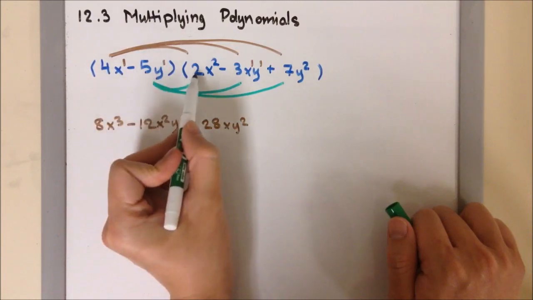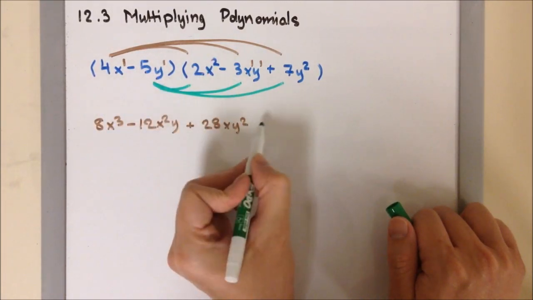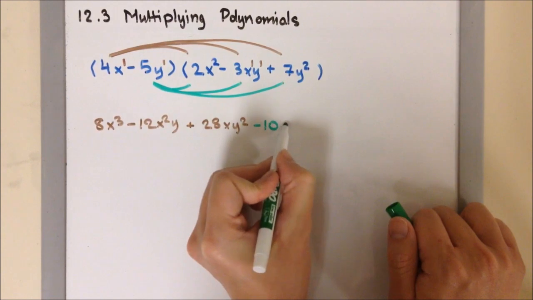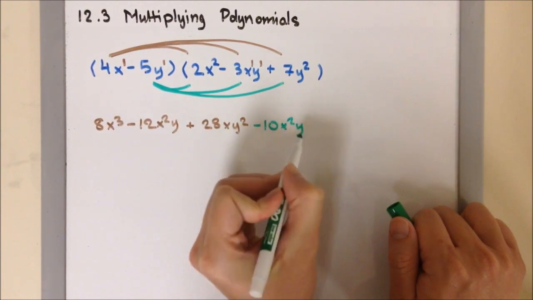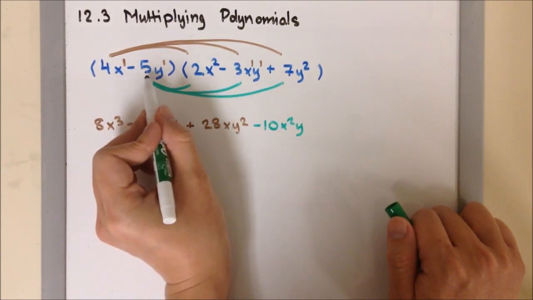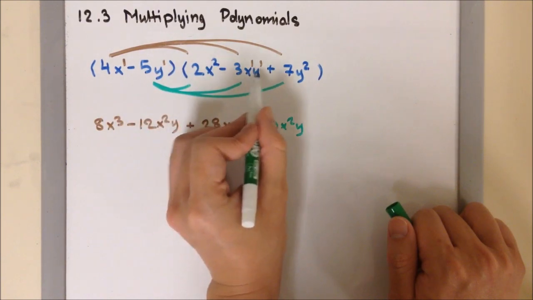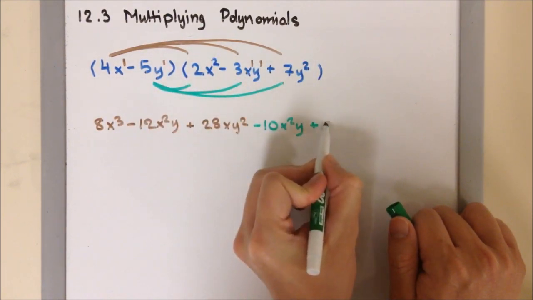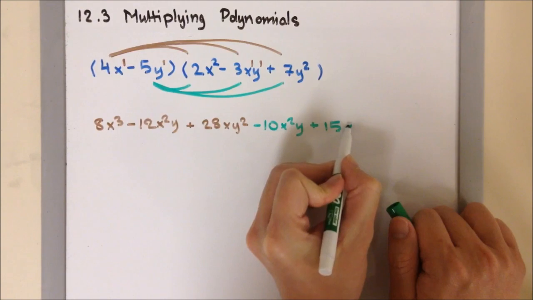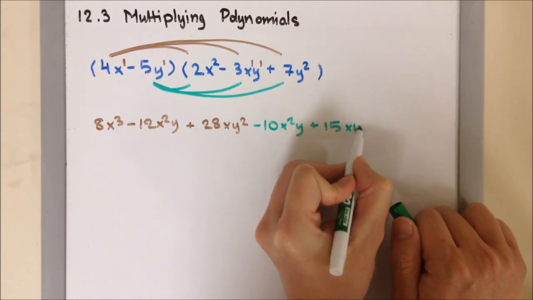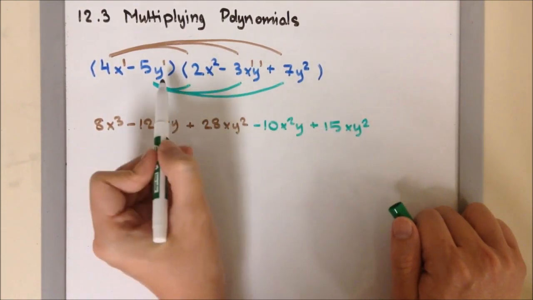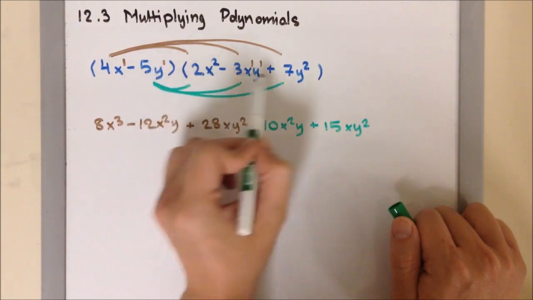Alright, the other side of foiling. Negative 5y times 2x squared will be negative 10x squared y. Negative 5y times negative 3xy will be positive 15xy to the second power. The corresponding y's multiply, so I'm adding the exponents.